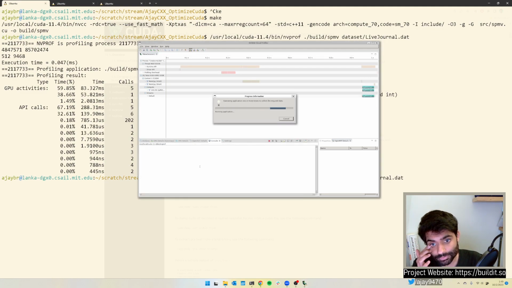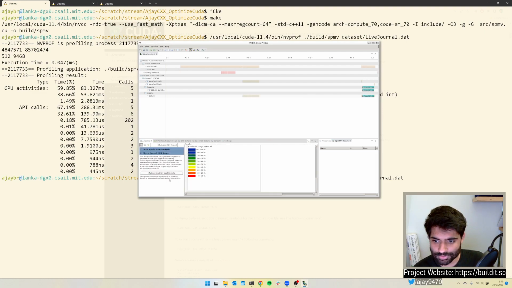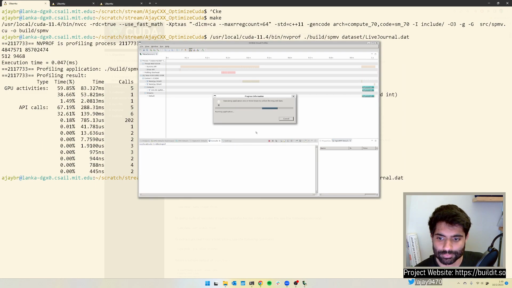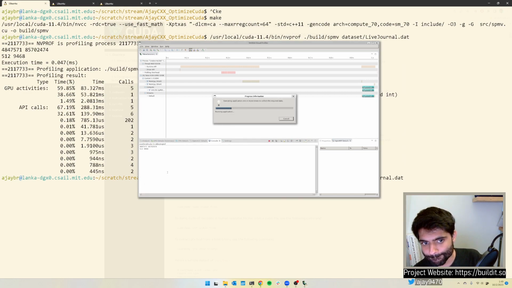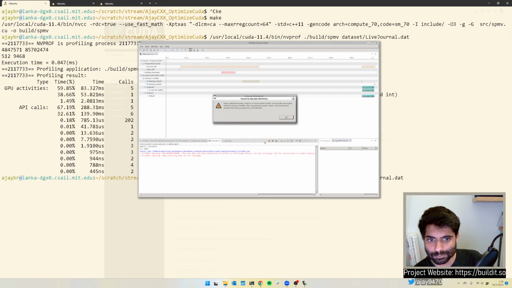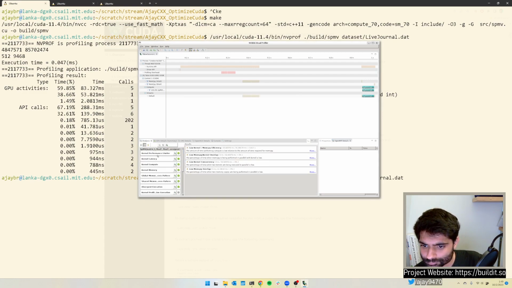I'm gonna do examine GPU usage. It'll tell us how good or bad our GPU usage was. So examine kernels, and yeah, let's look at utilization.